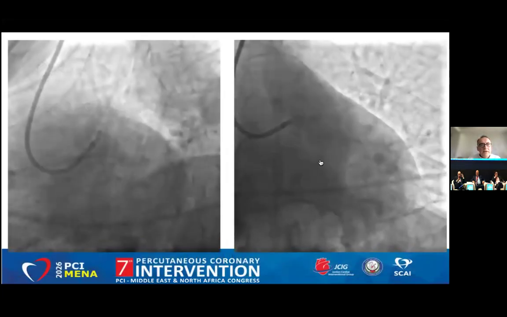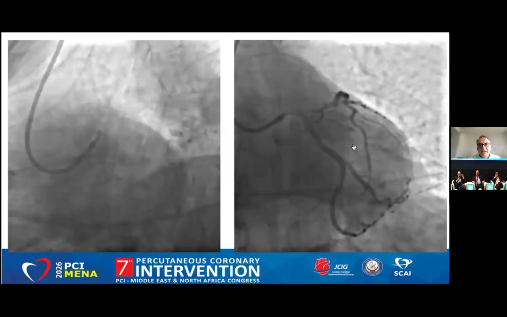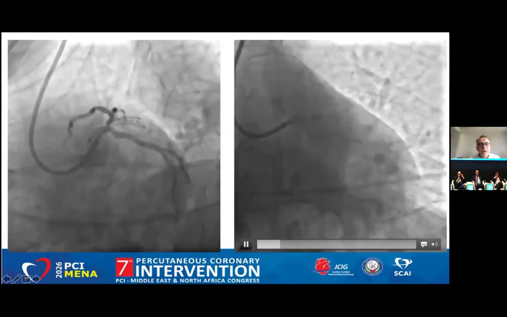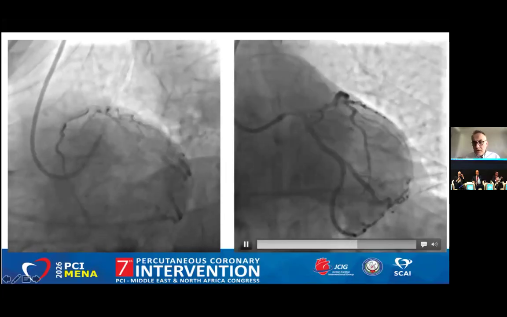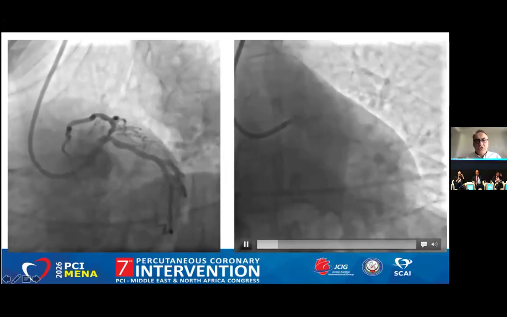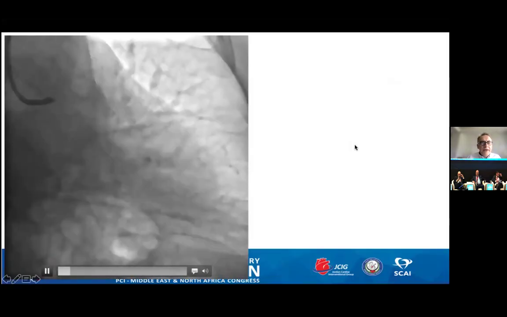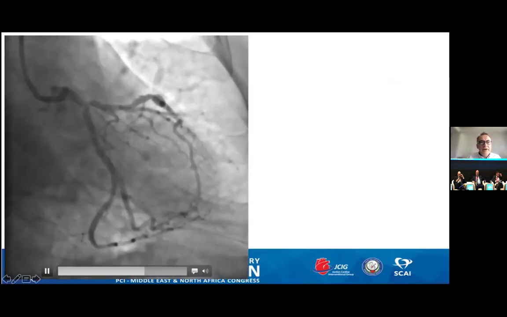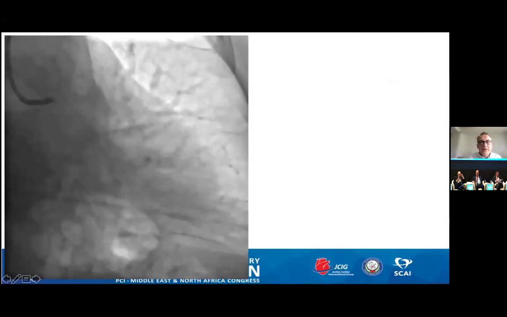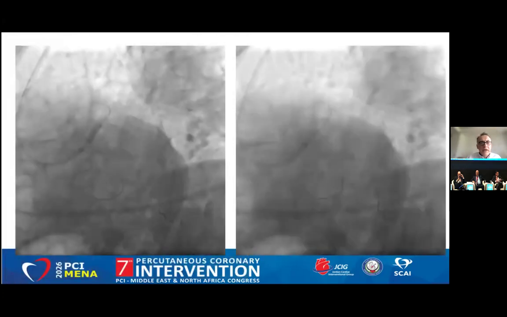The last case, we did a hybrid approach here. Left main approach is PCI. This looks like a true bifurcation, distal left main. And here we did the hybrid approach, provisional.